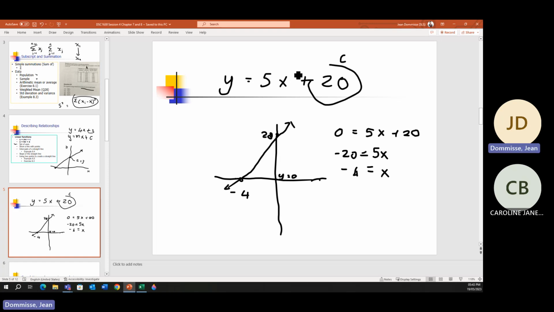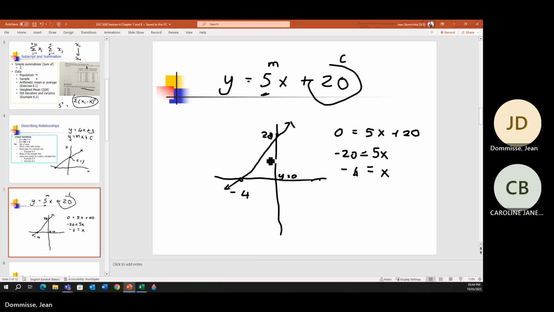Okay, then another point that they would look at is to determine the slope of this line. So we know the slope is what is in front of the x, so it is 5, but let me show you from these two data points how we could have done it as well.